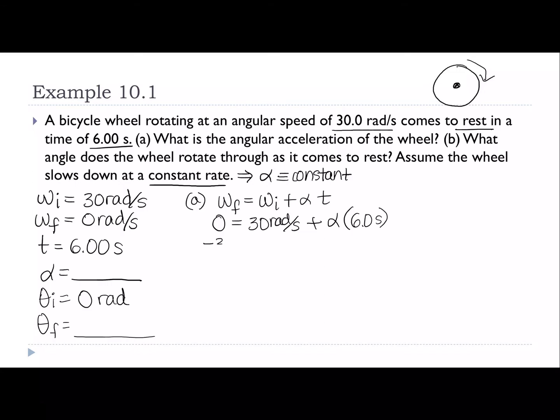So if I move the 30 to the other side, and now I can divide both sides by 6, I get that the angular acceleration is minus 5 radians per second squared. So I've made an assumption here that this object is actually rotating in a counterclockwise direction to start with. I've made these both positive, or well, it's 0, but it's still positive direction, and that's fine.